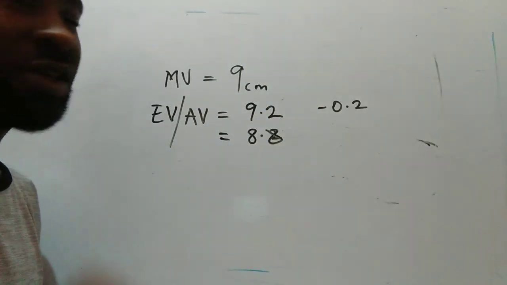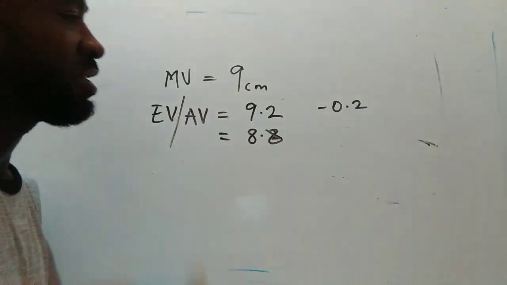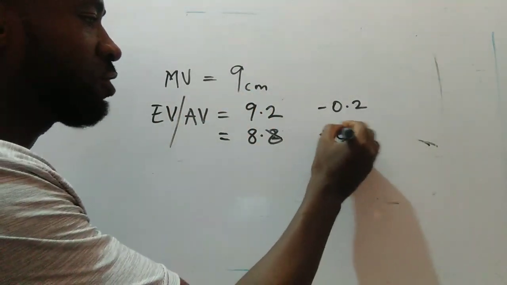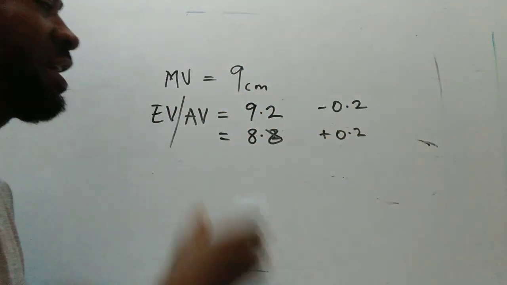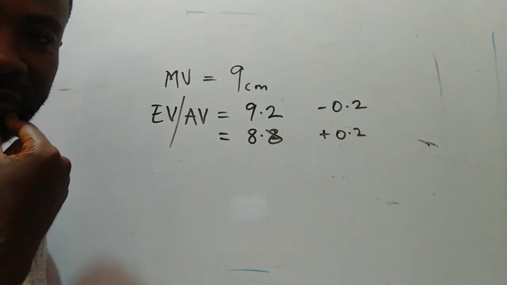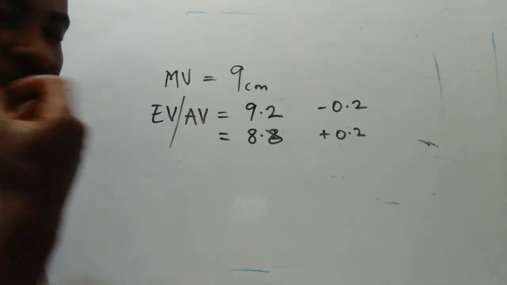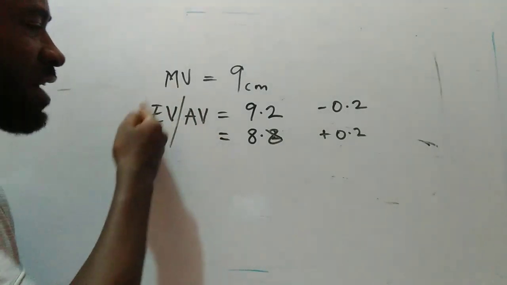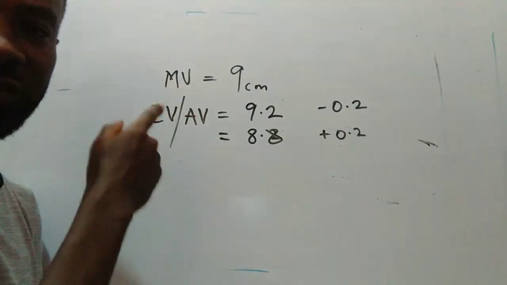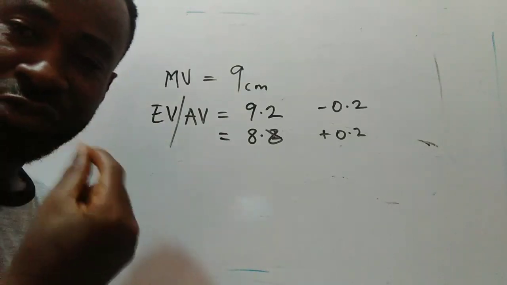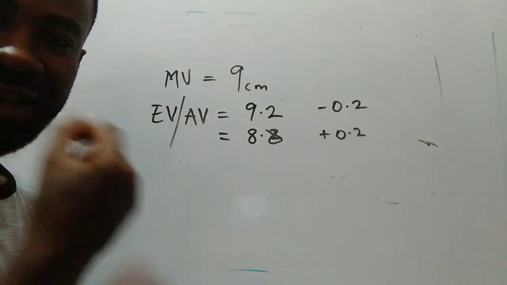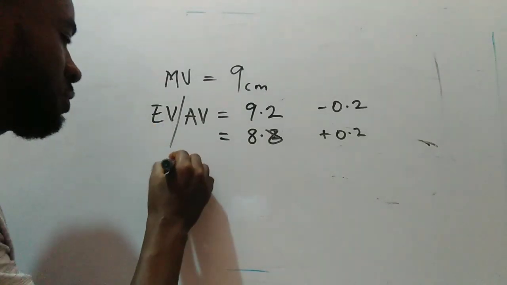What does that mean? It simply means that my measurement is 0.2 higher than the exact value. So the difference between that exact value and that measured value is what is known as error or absolute error.